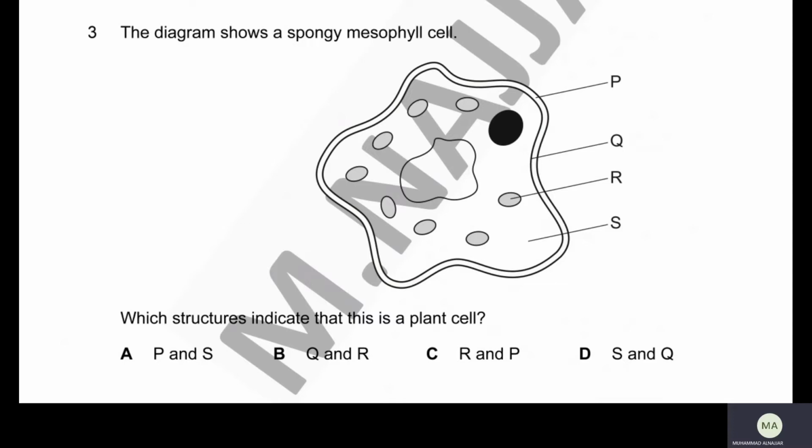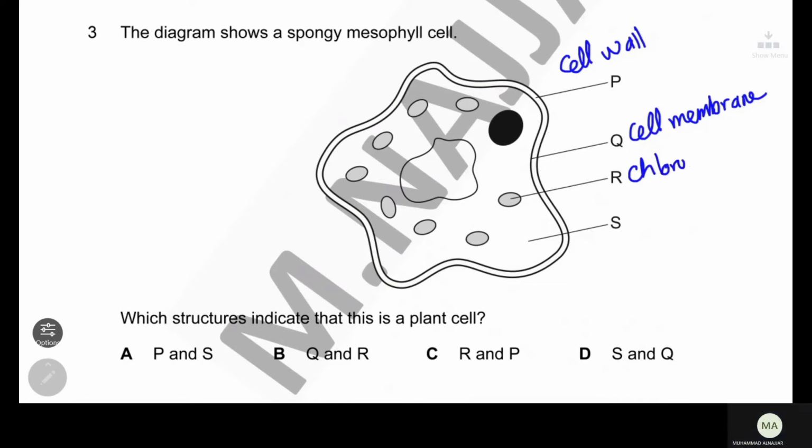So let's do this. P is the cell wall. Q is the cell membrane. R is the chloroplast. And S is the cytoplasm.